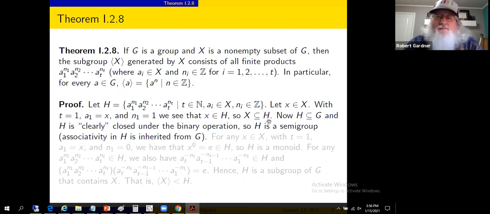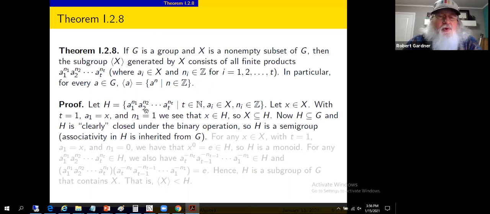First off, H is a subset of G. It's a collection of group elements. It's, quote unquote, clearly closed under the binary operation. If I take a product of a bunch of powers of the elements in this collection, then I get another thing of this form. Again, I may not have commutativity. If I do, we can probably draw some special conclusions.